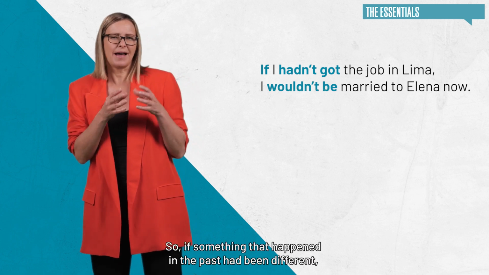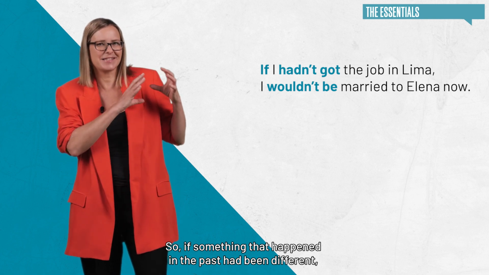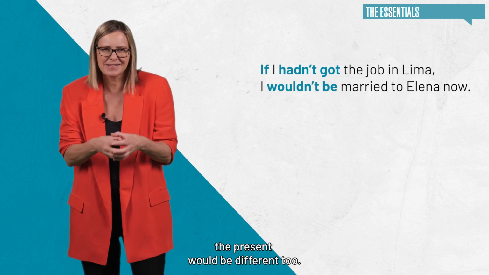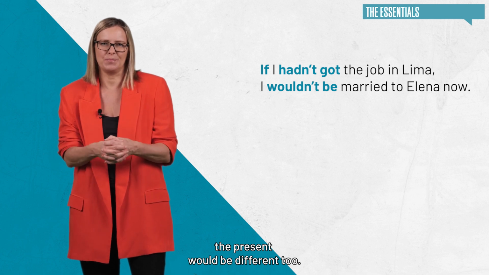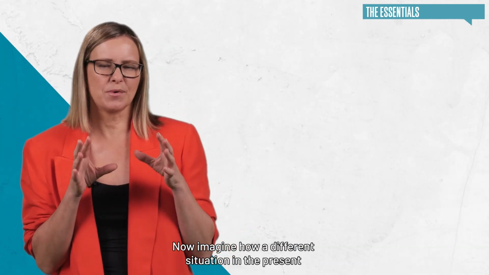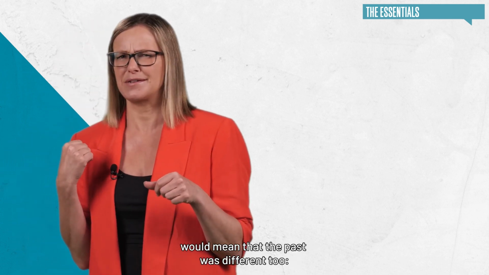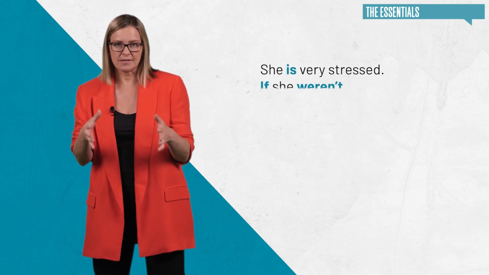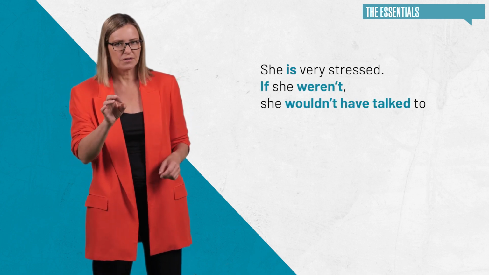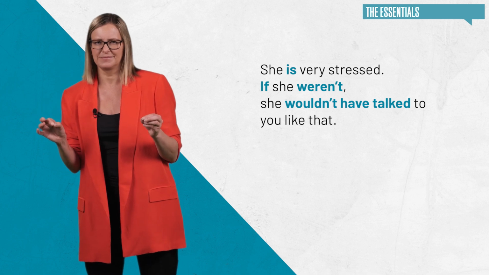So if something that happened in the past had been different, the present would be different too. Now imagine how a different situation in the present would mean that the past was different too. She is very stressed. If she weren't, she wouldn't have talked to you like that.